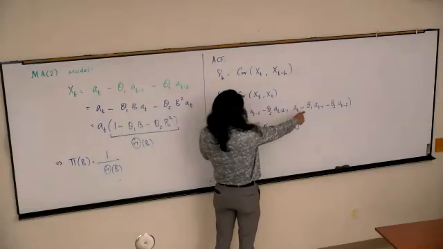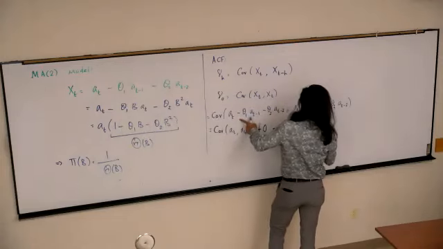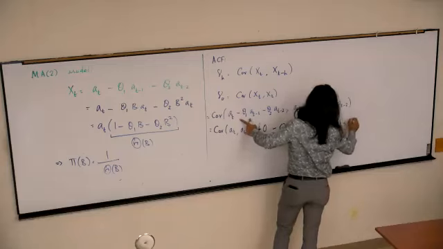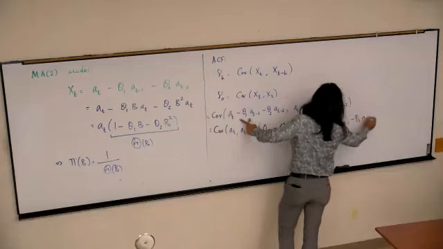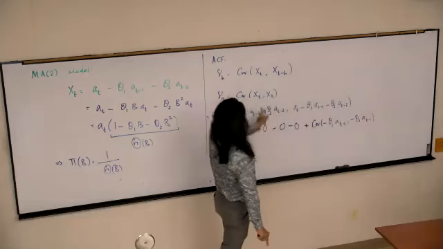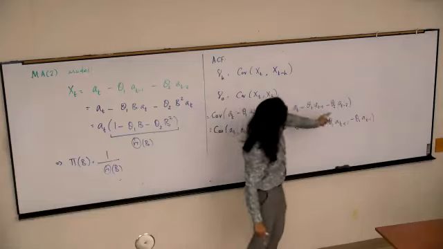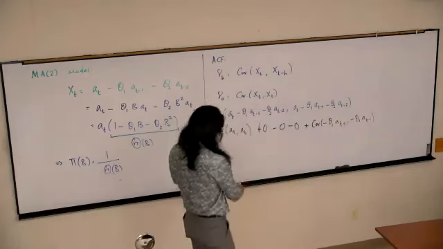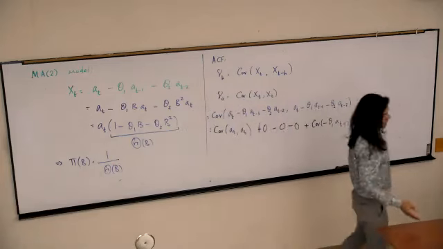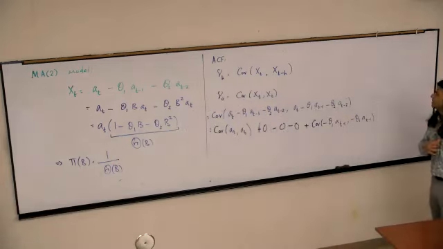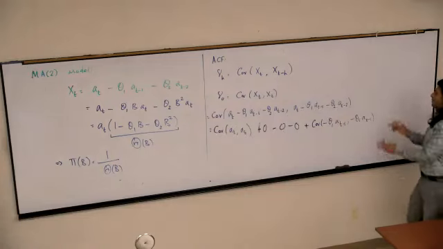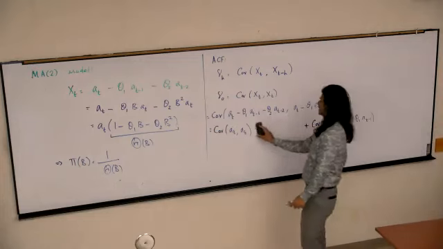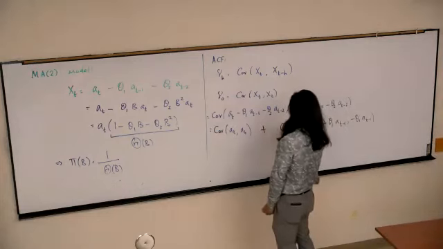So here I have the covariance of negative theta 1 a sub t minus 1, negative theta 1 a sub t minus 1. That term and a sub t minus 2, no correlation. So the random component at t minus 1 is not correlated with the random component at t minus 2, so 0. I guess combine all the zeros and put a big 0 here.